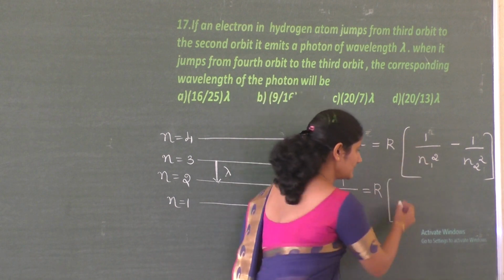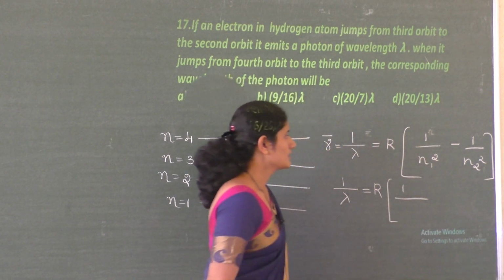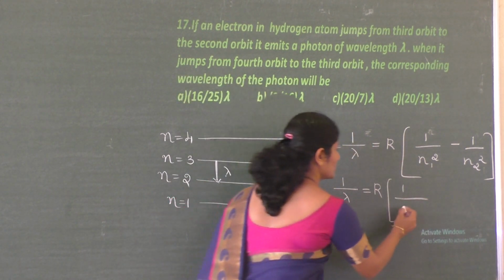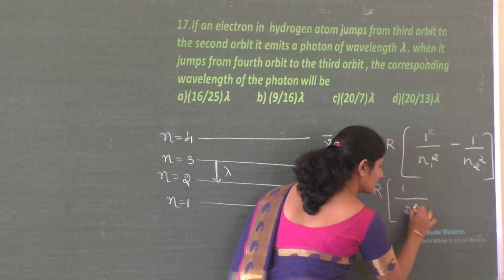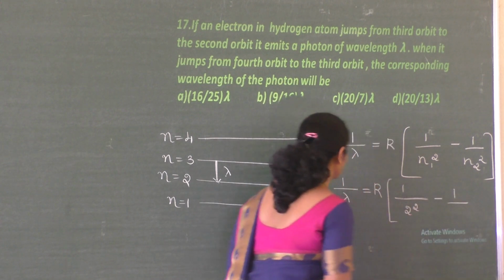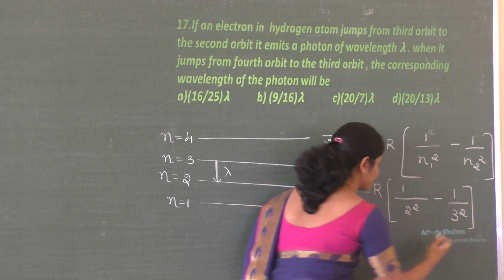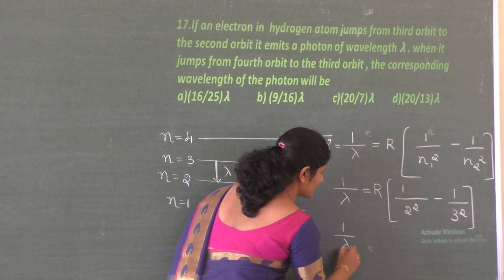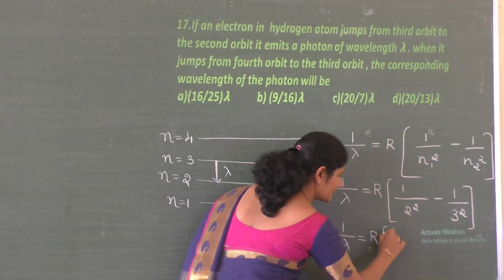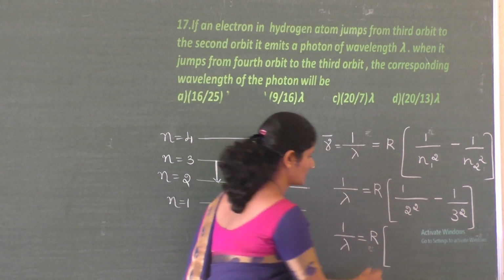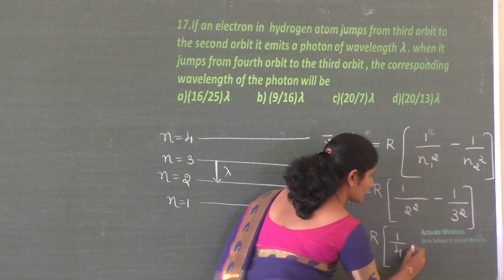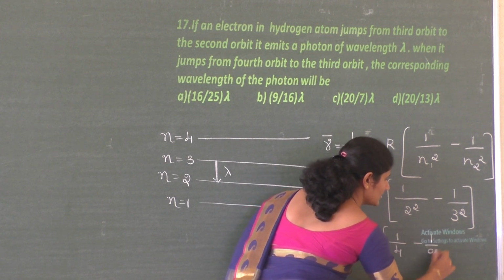So 1 by lambda is equal to R into 1 by n1 square, which is 2 square, minus 1 by n2 square, which is 3 square. So 1 by lambda is equal to R into 1 by 4 minus 1 by 9.